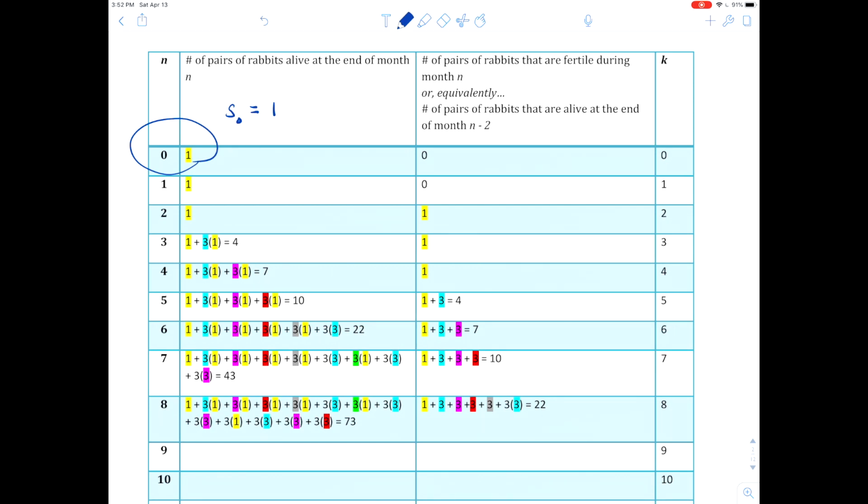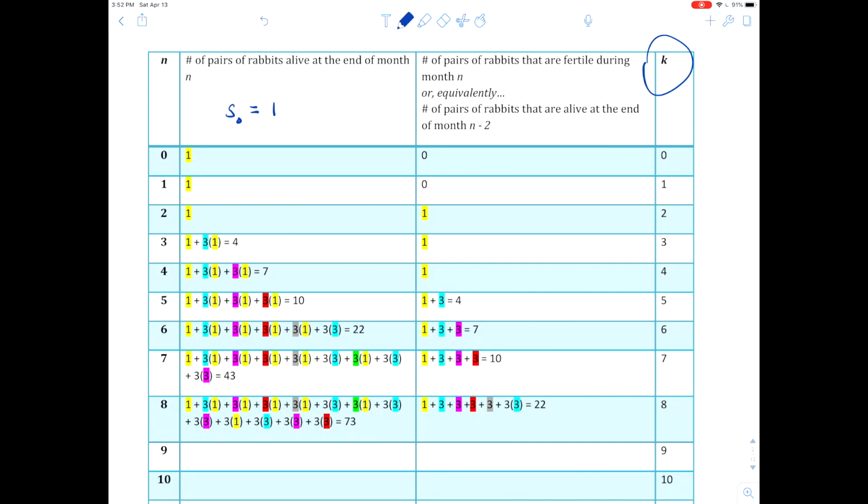The trick here is that we're going to try to find this pattern. So we're going to define this recursively. This column right here, the K, is to check out when this recursive pattern begins. What value of K?